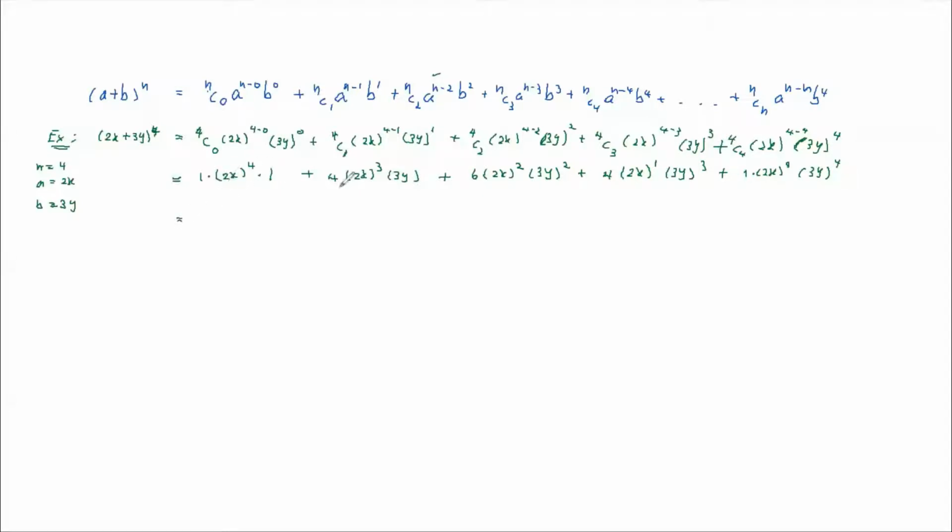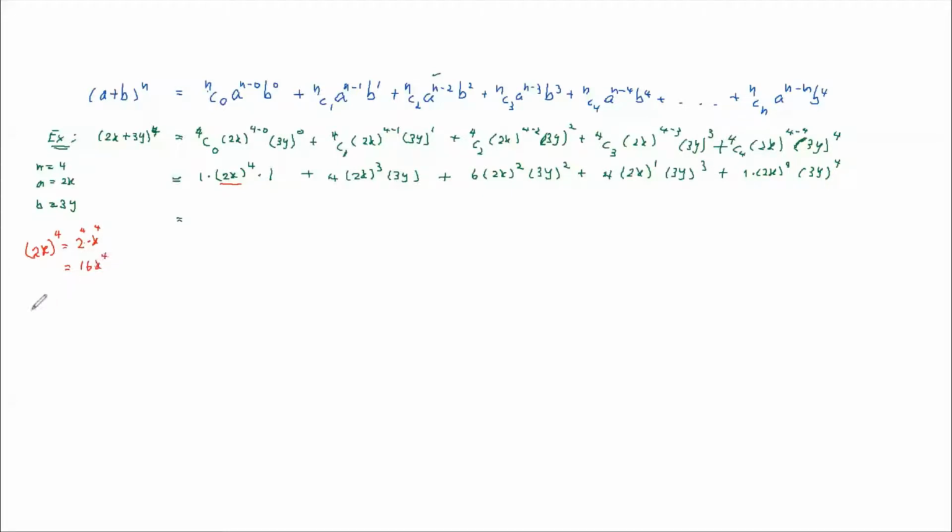This one, don't forget, this is the part I want to emphasize to all of you, because most students will make a mistake here. And the rest of the terms are the same. 2x, the whole thing power 4, from the formula, has to be 2 power 4 times x power 4. So that means 2 power 4 equal to 16, right? x power 4.